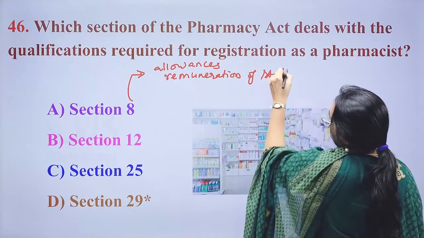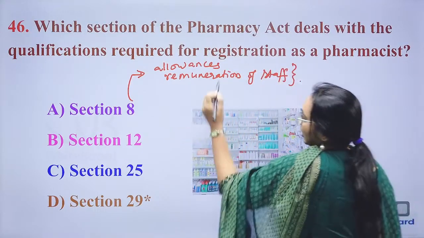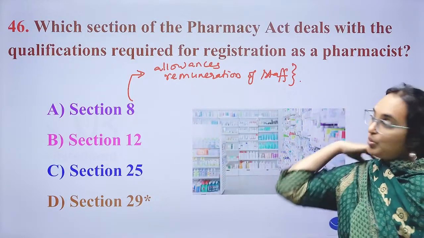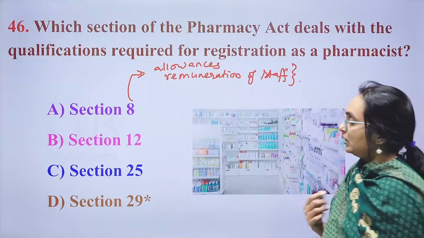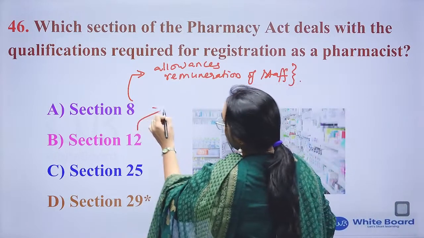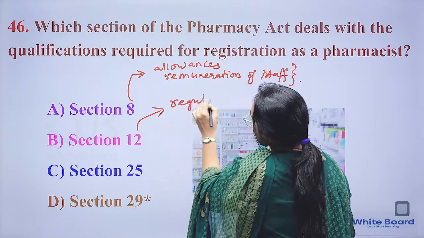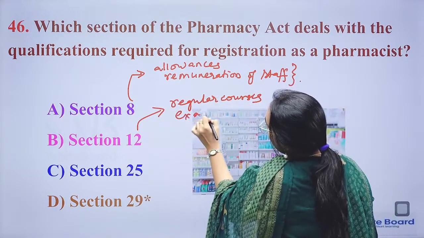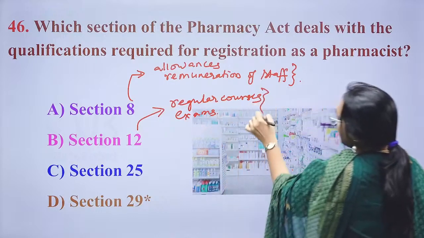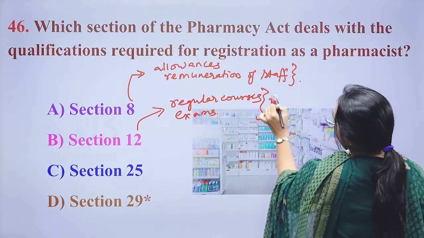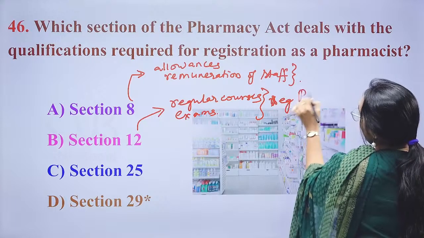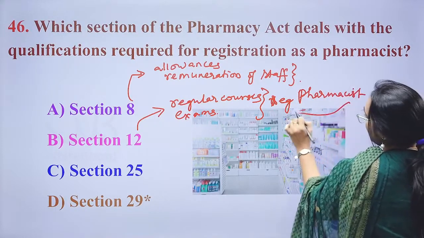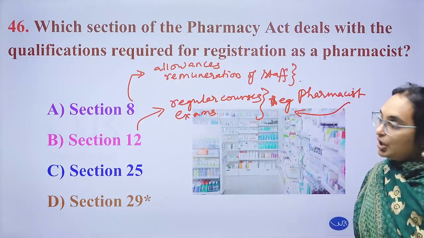Staff allowances, staff remuneration, this is all of the Central Council staff, and remuneration of the Central Council staff members is done in section 8. Section 12 will give you the regular courses and exams to be conducted, syllabus exams for registration as a pharmacist. For pharmacist registration, the courses and examinations required are dealt with in section 12.